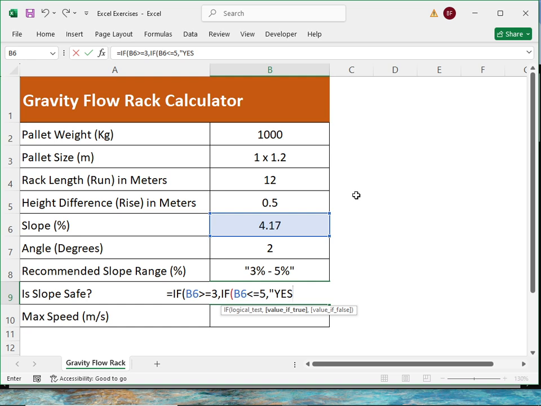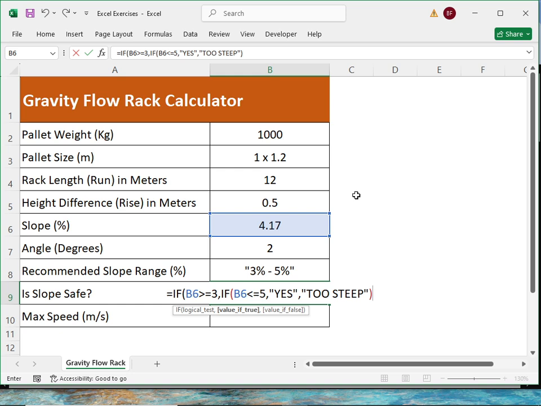The slope is safe for the gravity flow rack and the pallet running across the gravity flow rack or dynamic rack. That would be the value if true, and the value if false is too steep.